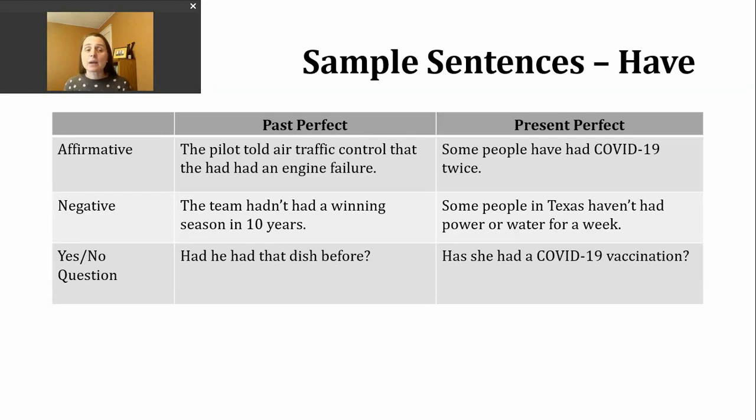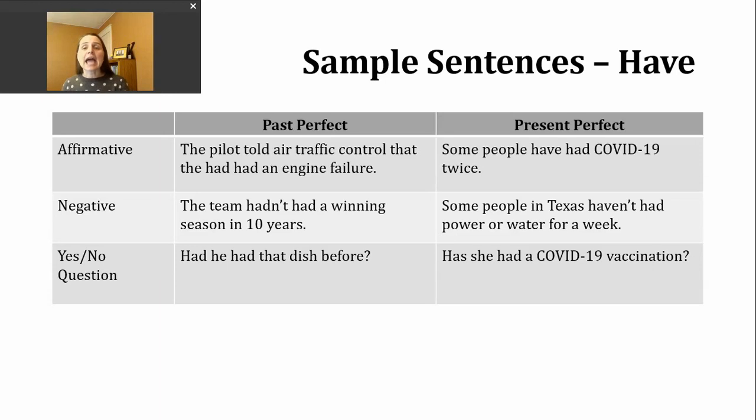And if I want to make a yes or no question in the past perfect, I'm going to start with had, then I'll have my subject, and then the participle again. So again, you're going to have two hads in one sentence. Had he had that dish before? Right? So this is a kind of a reference to eating, dining, etc.